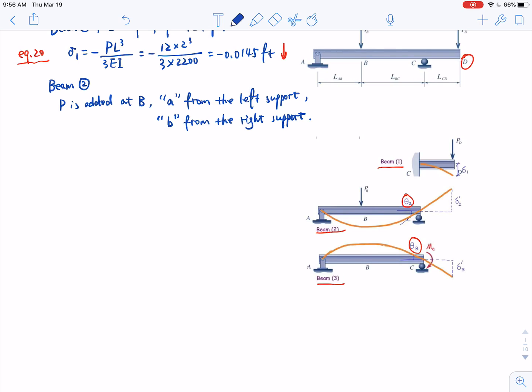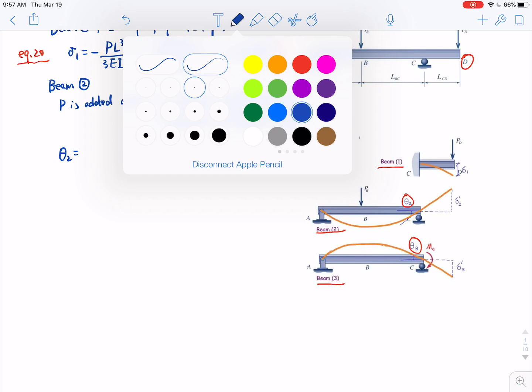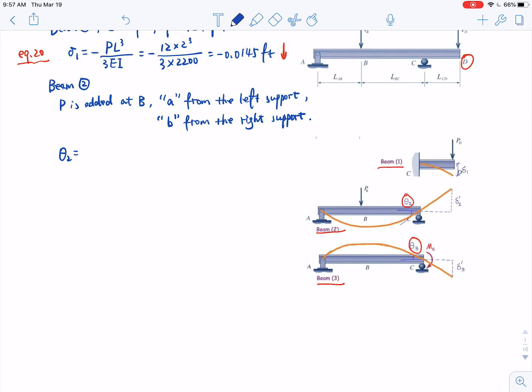So here our theta 2 can be calculated as P times A times L square minus A square over 6 L EI.